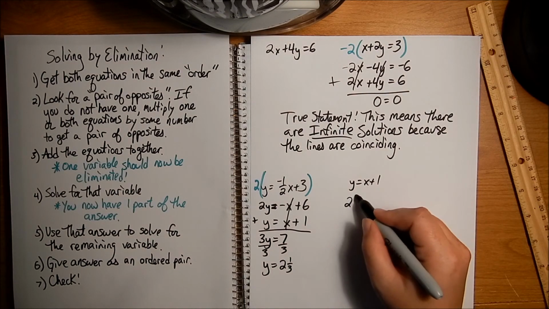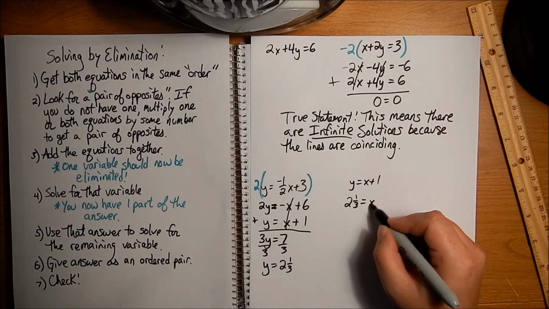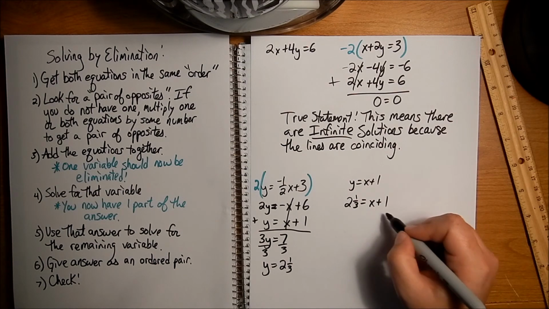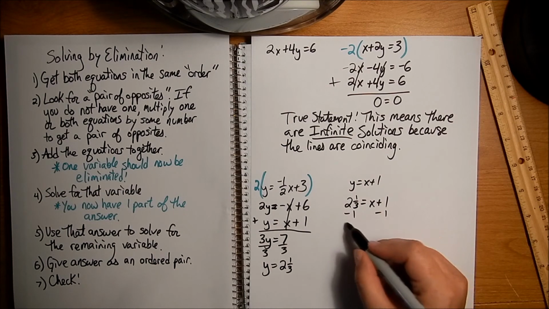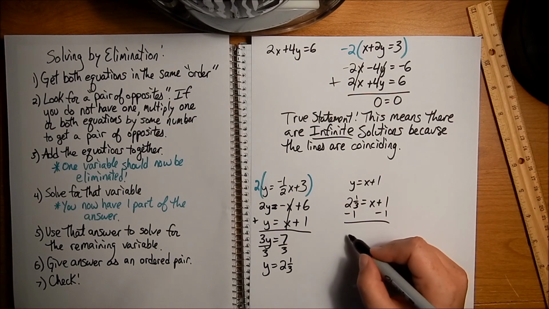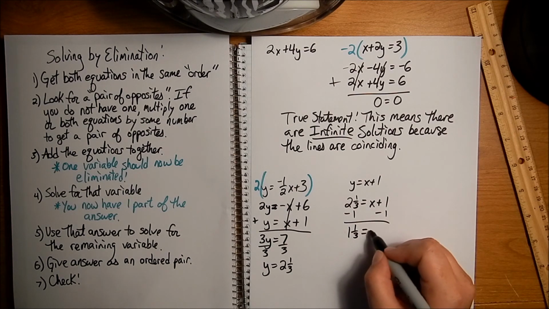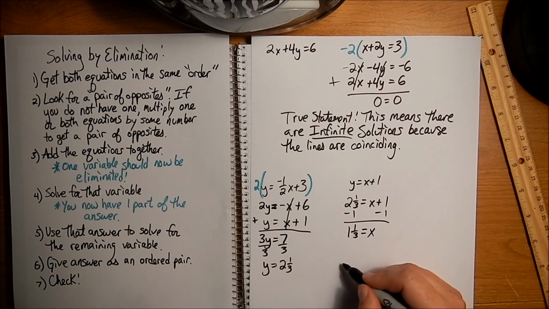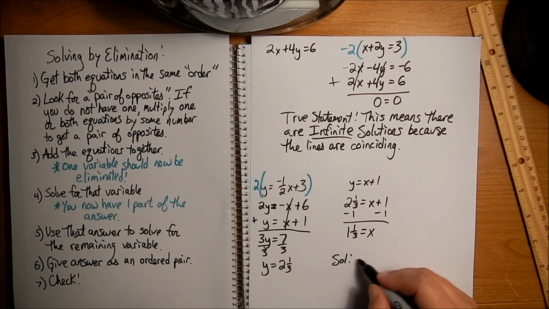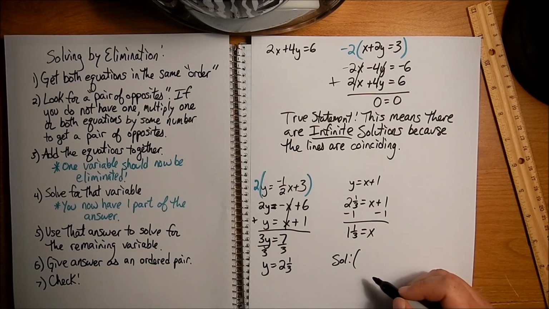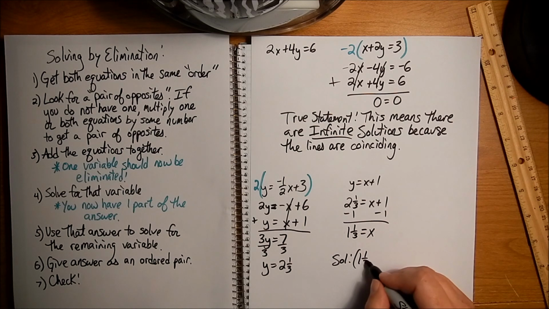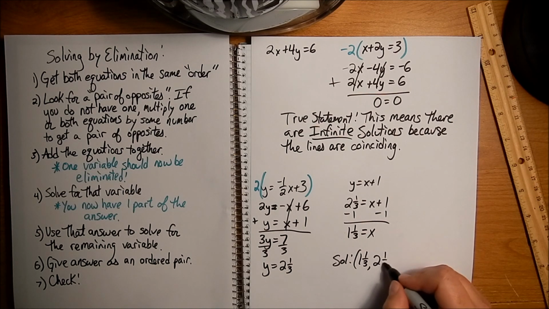I know that y is 2 1/3. X plus 1. So I just want to solve for x. I can subtract 1 from both sides. And luckily that's pretty easy to do. I just end up with 1 1/3. Okay, so my solution, just like when we solved it by graphing and by substitution, 1 1/3, comma, 2 1/3.